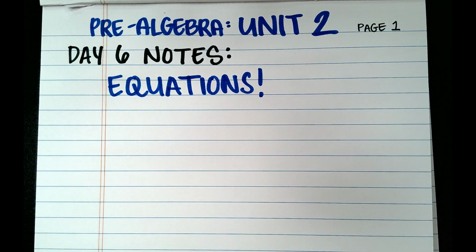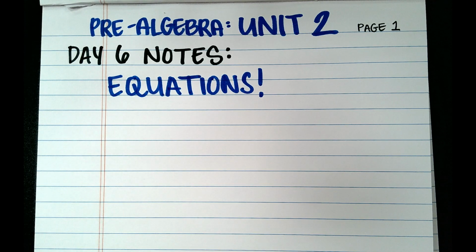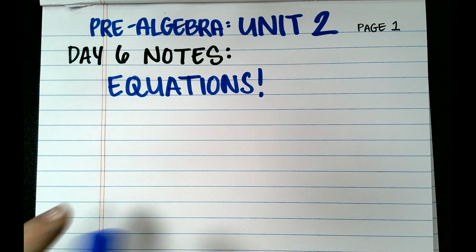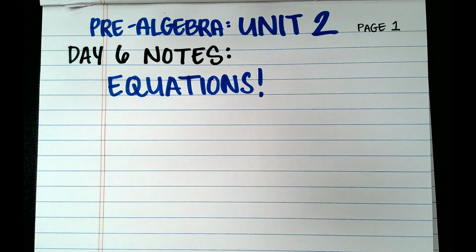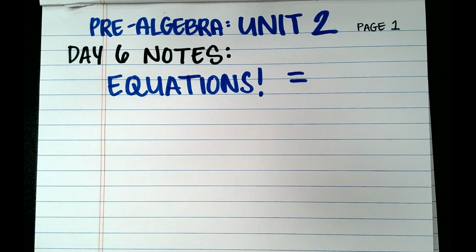So we talked previously about how an equation is a bunch of numbers. Usually there's a variable in there too. And it always has an equal sign. That's our equal sign. So I am going to give us an example of an equation.